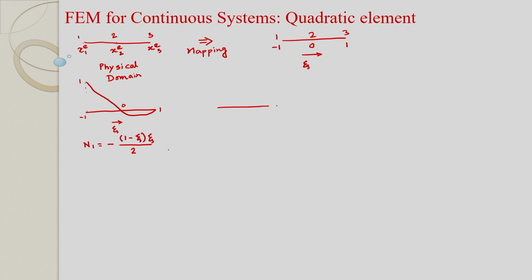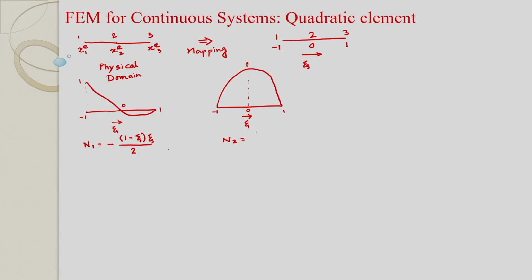Now, the second shape function is such that it is 1 at xi equal to 0 and it is 0 at the other 2 nodes, that is xi equal to -1 and 1.